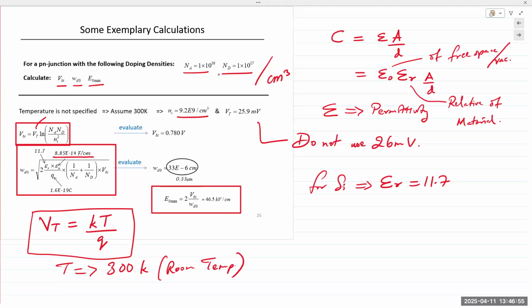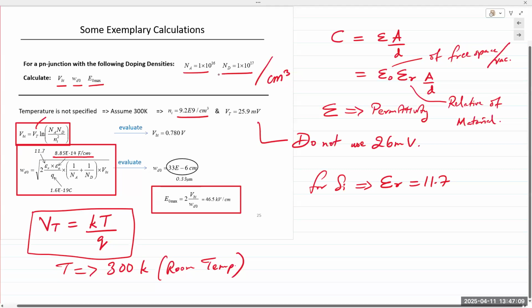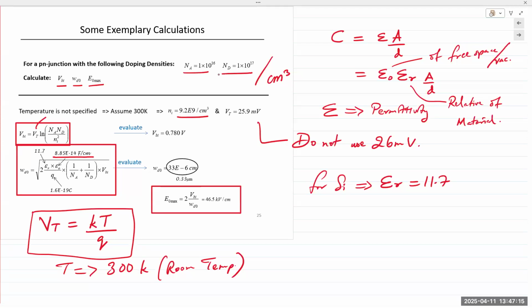Again, I don't like when they use units like these. I always prefer to go standard so that I don't make any errors in calculations. So 8.85 times 10 raised to minus 14 farads per centimeter, but it's 8.85 times 10 raised to minus 12 farads per meter. Convert that to meters, Na, Nd to meters, and when we calculate VB, I also convert everything to meters. That way I don't have to worry about any errors.